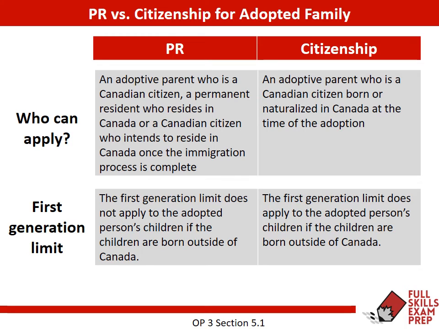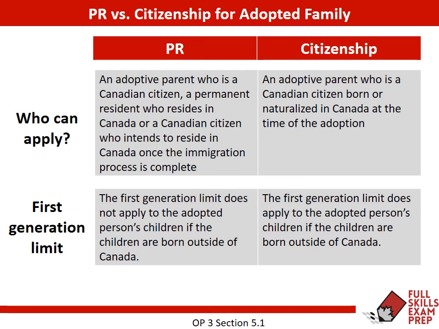And of course, one of the other really important aspects to look at with this has to do with the first generation limit. We'll talk about this more when we work through citizenship in a later lesson. But the reason we're talking about this, of course, is just to see how it relates to adopted family members and their immigration projects.